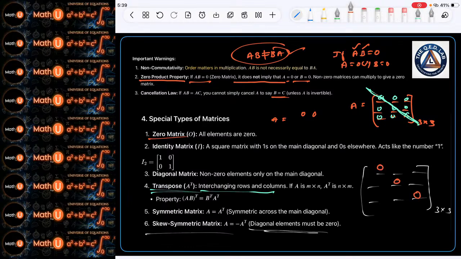Then whatever element you take in a position, the mirror position holds the same element with the opposite sign. If it is minus B, here we take plus B. If it is C, we take here minus C, like this. It is nothing but a skew-symmetric matrix.